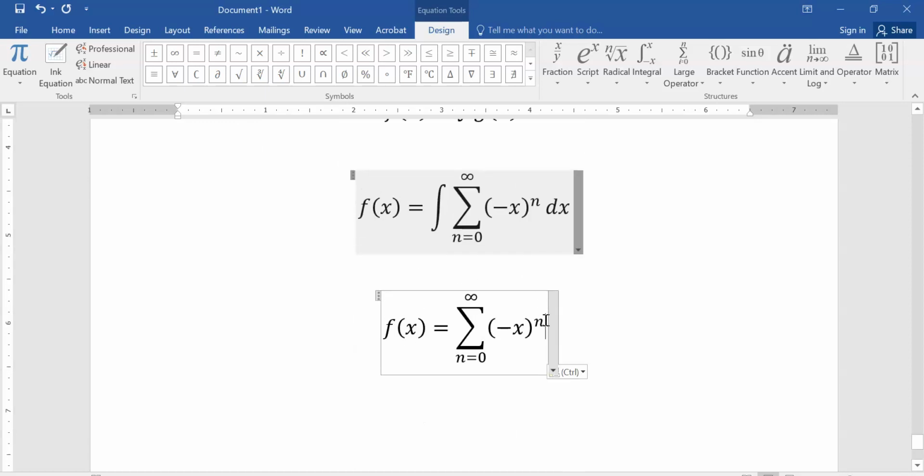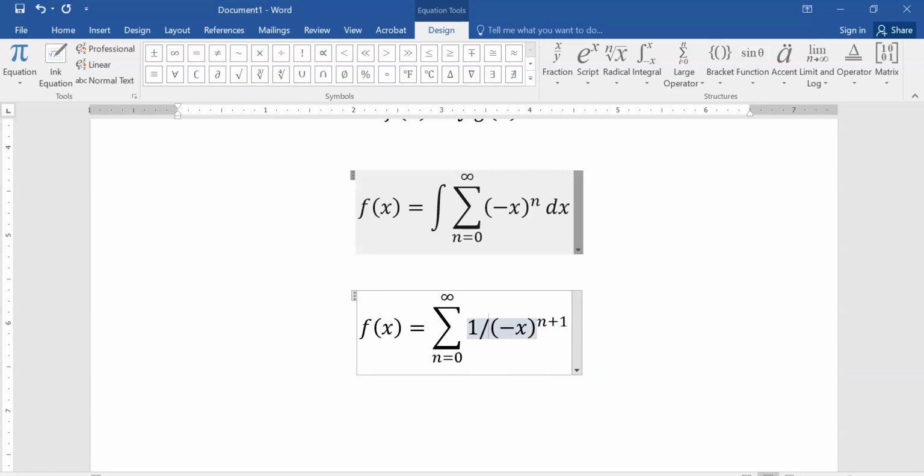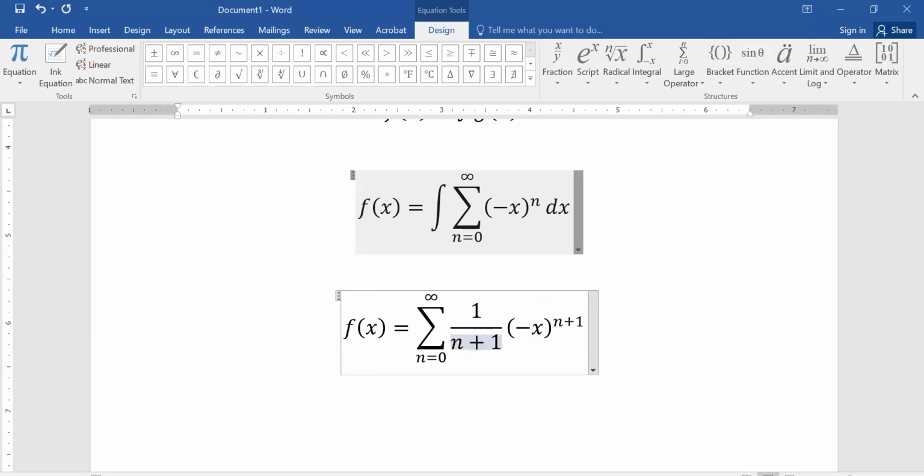We're going to have to raise each exponent by 1, divide by the new exponent, 1 over n plus 1, and then divide by the derivative of the inside function, which is negative 1. So I'm going to put a negative there. All right. And then obviously you should do a plus c.